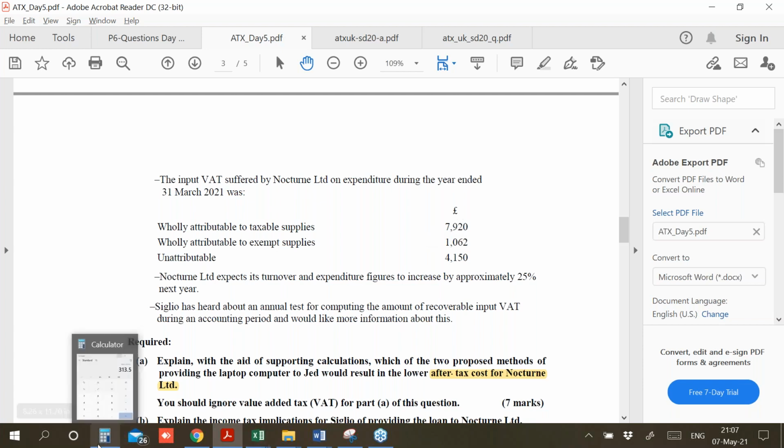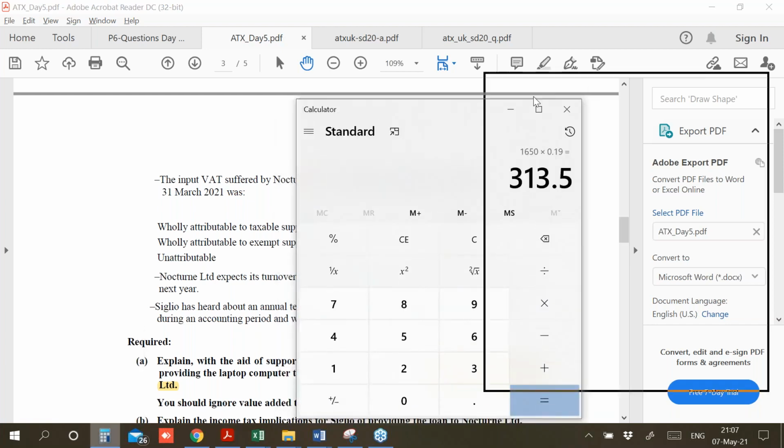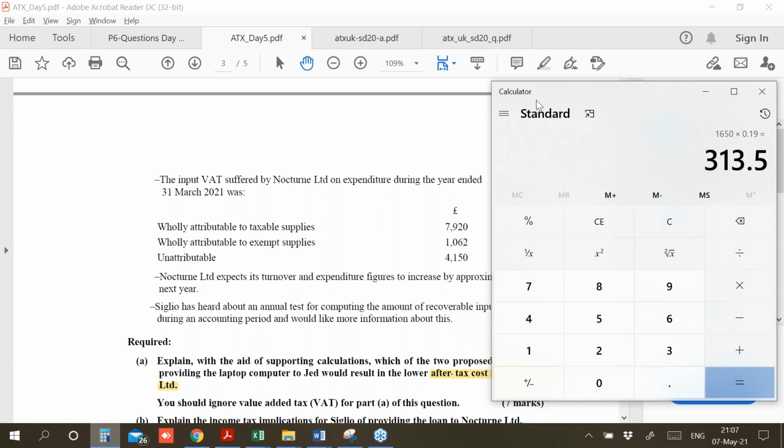But still, to show the examiner, I have to calculate the total amount of input VAT. That is 7920 plus 1062 plus 4150, which is 13132.